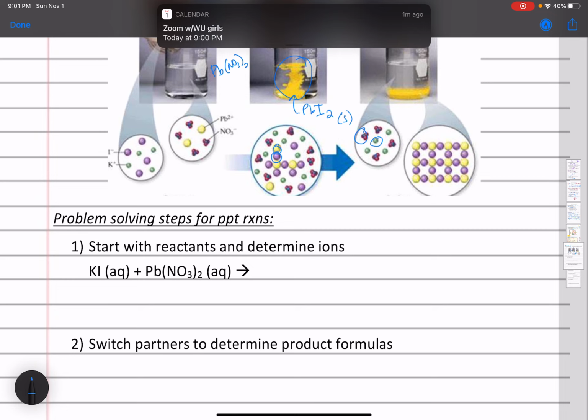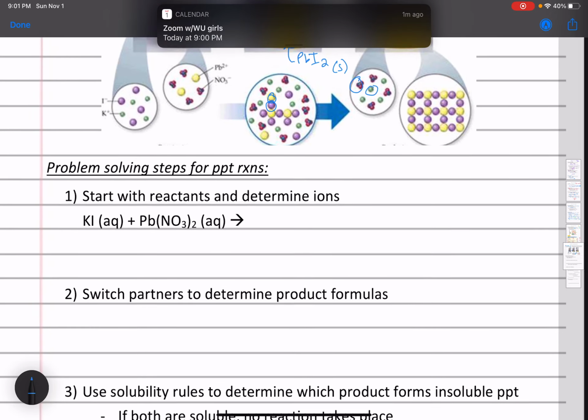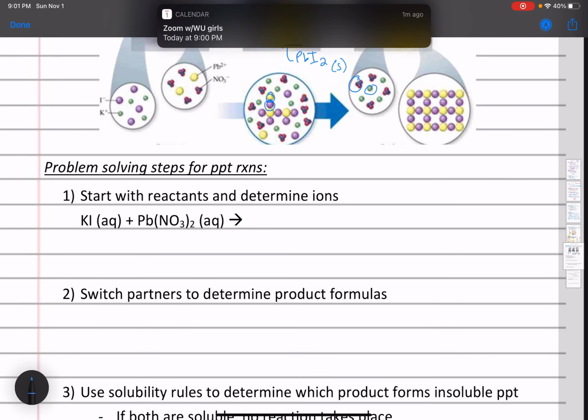So when we are writing or solving precipitation reactions, if we have two aqueous solutions and we want to know whether it is going to form a precipitate, there's a series of steps that we will follow. The first one is to start with the reactants and determine their ions. Potassium iodide in aqueous form is really just a solution of potassium ions and iodide ions.